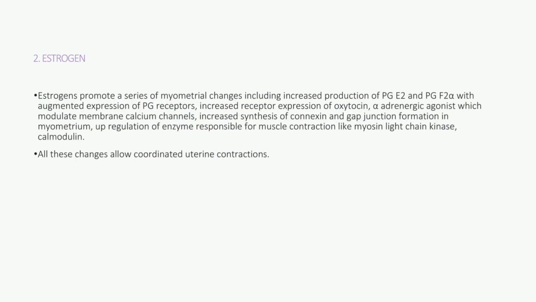Then these estrogens promote a series of myometrial changes, including increased production of prostaglandin E2 and prostaglandin F2 alpha with augmented expression of prostaglandin receptors, increased receptor expression of oxytocin, alpha adrenergic agonist with modulated membrane calcium channels, increased synthesis of connexin and gap junction formation in myometrium, and upregulation of enzymes responsible for muscle contractions like myosin light chain kinase and calmodulin. So all these changes allow coordinated uterine contractions.